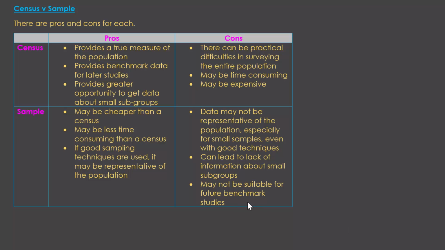And that means that if you talk about shifting attitudes from 1950 to 2020, you may not be able to state those with the same degree of confidence that you can if it's based on a census.